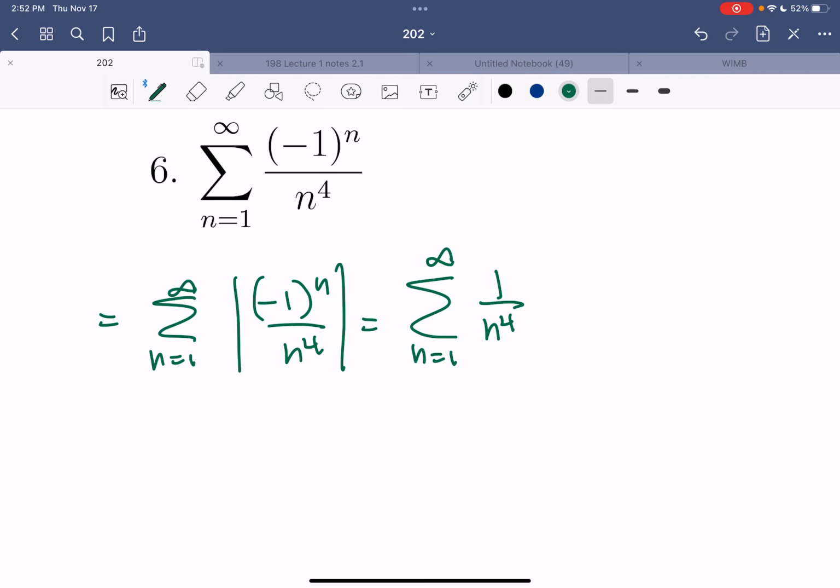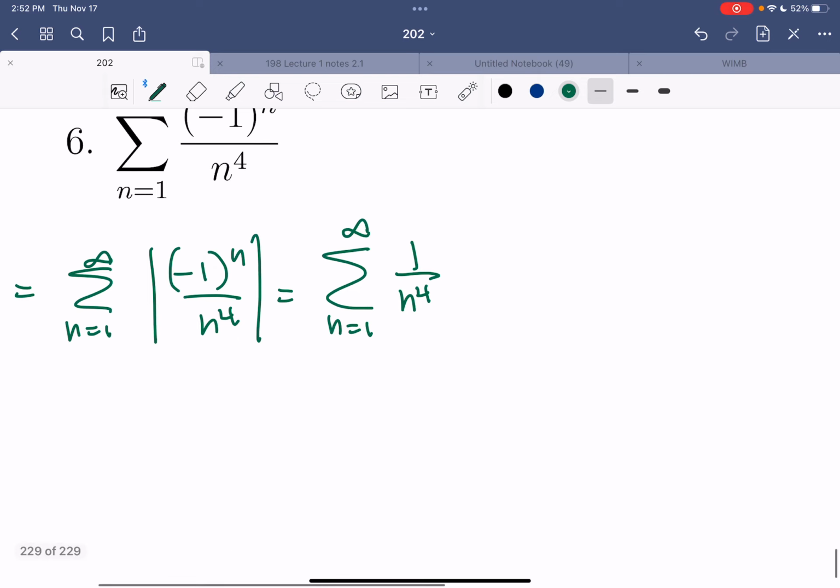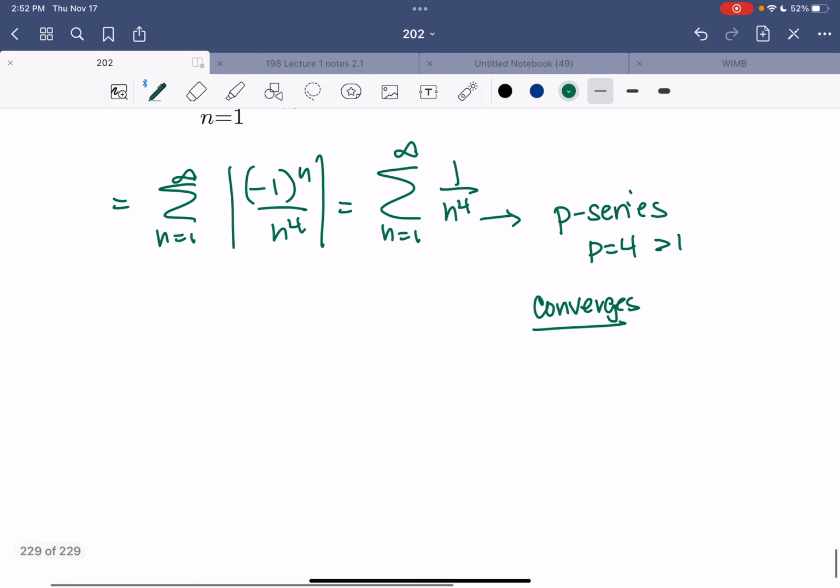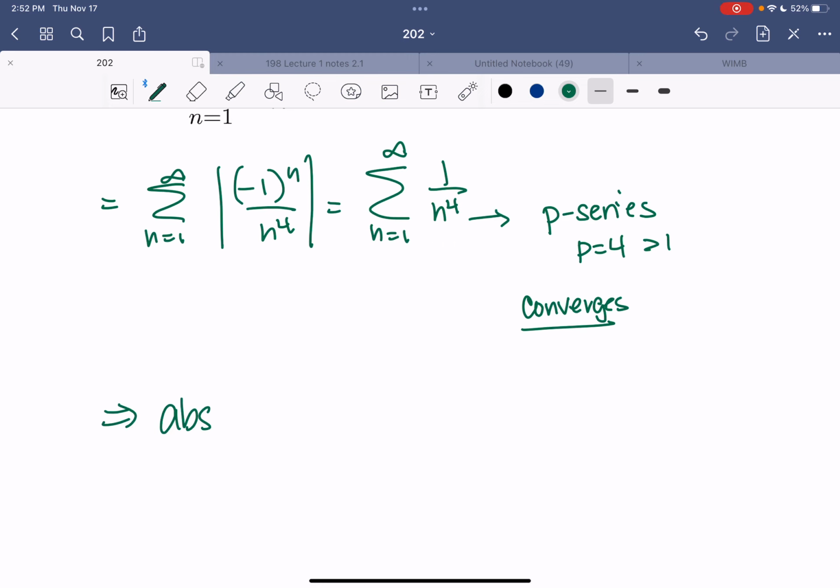You're removing the piece that alternates. This is a p-series where p is equal to 4, which is greater than 1, which just means it converges. And if the absolute value converges, then we would say it is absolutely convergent.